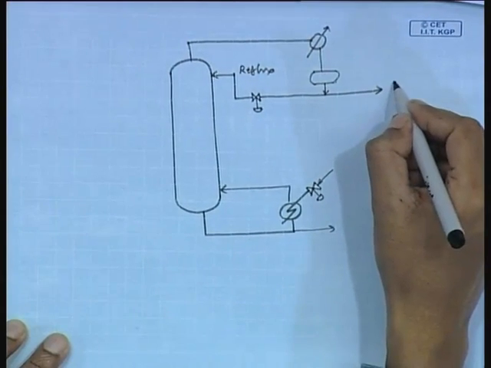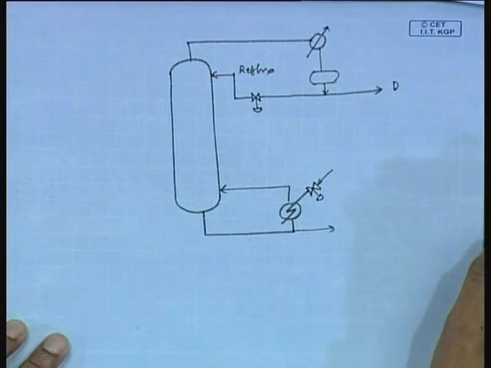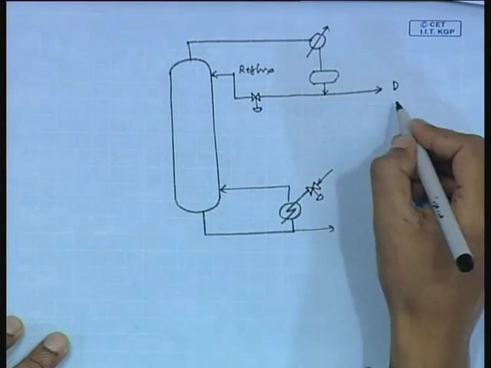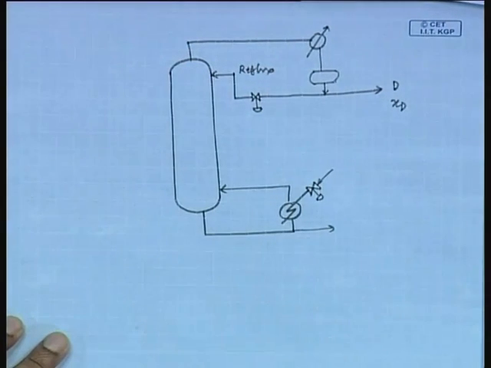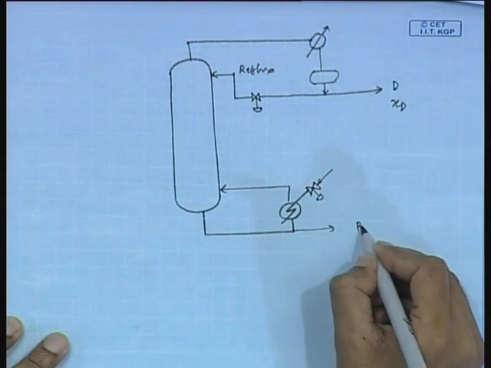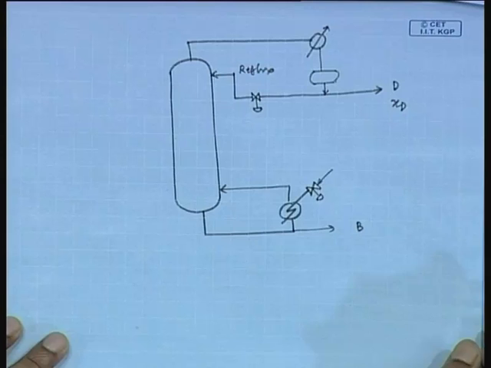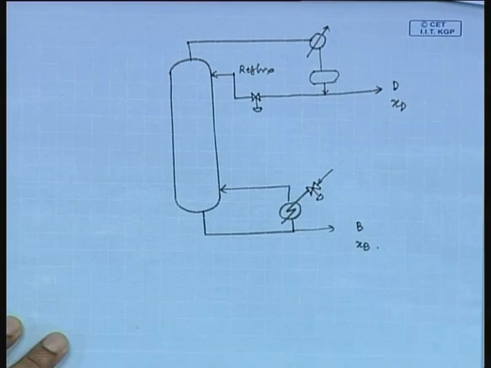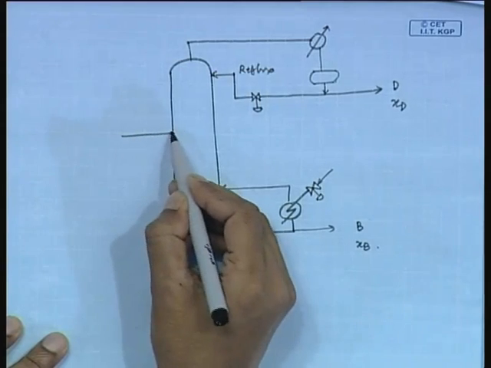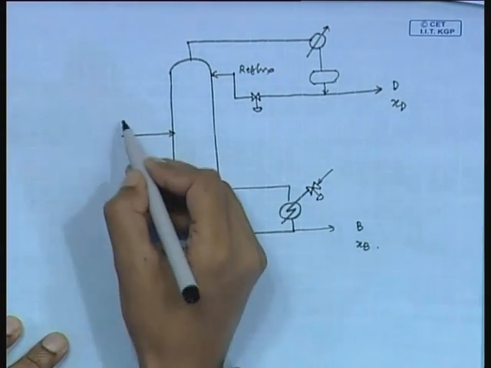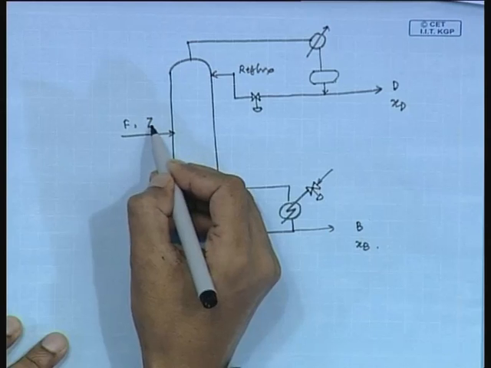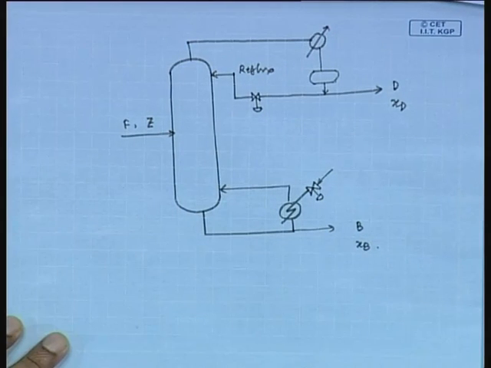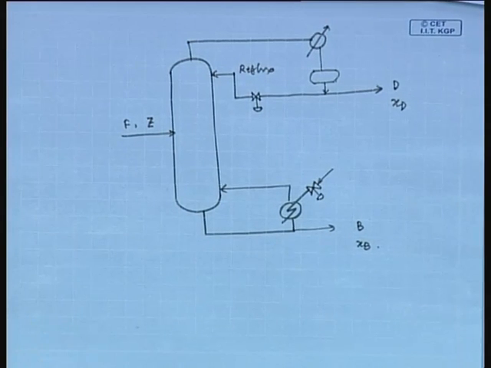So, this is distillate, which has the flow rate of D and composition of XD, that is mole fraction basically, and in the bottom stream the flow rate is suppose B and composition is XB. Feed is introduced here with flow rate F and composition Z.